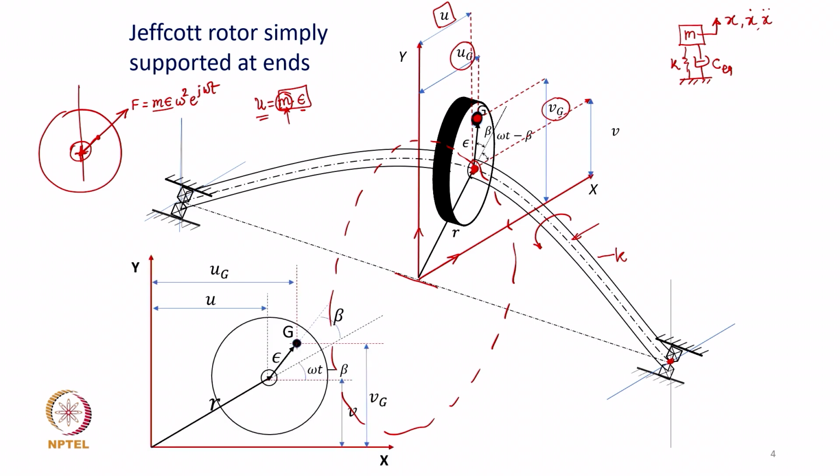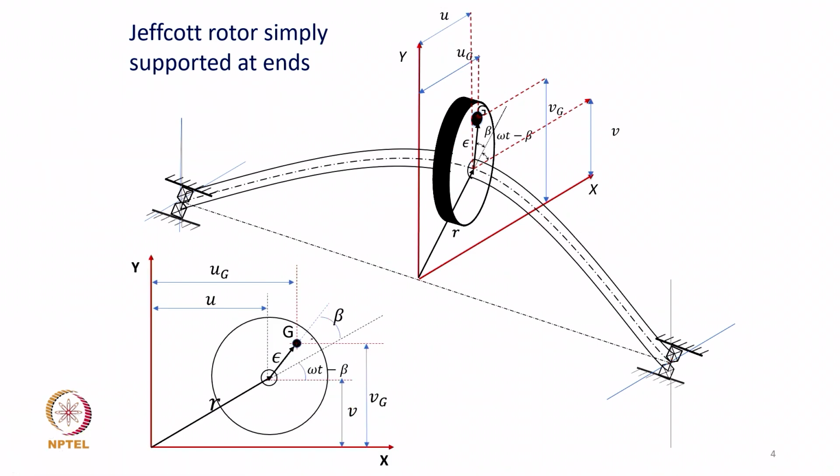Now, if you look at this same plot from the side, this is how it looks. If you look at the shaft from the bearing axis looking from the right hand side, the position of the shaft center is u and v in the two directions x and y, and the position of the mass center is ug and vg.